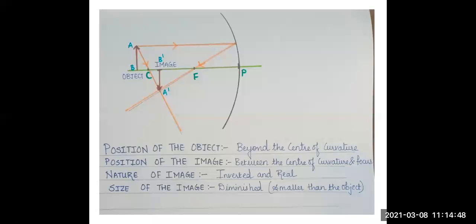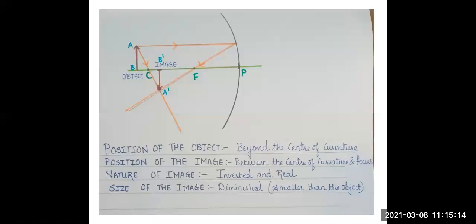Now, as B is on the principal axis, B dash will be on the principal axis and A dash will be at the point of intersection. So the position of the image is between C and F, that is between the center of curvature and focus.